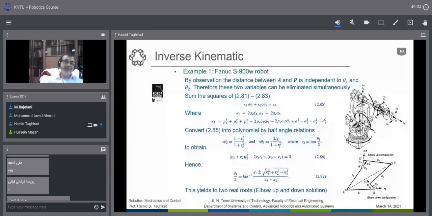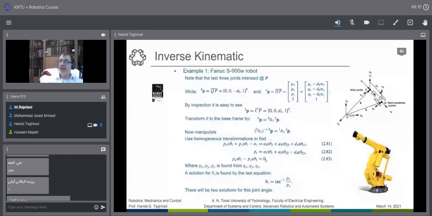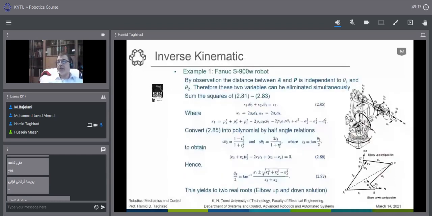Now we can easily find theta 2. Theta 2 can be found by this equation. If we have theta 3 and theta 1, we can find theta 2. Going back to these 2 equations, we put all the known variables together on the right hand side and the rest on the left hand side. We have only theta 2 here, and gamma 1 and gamma 2.